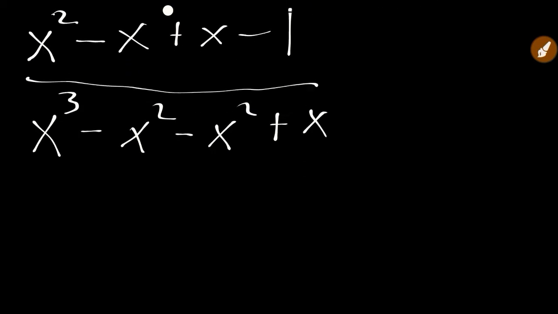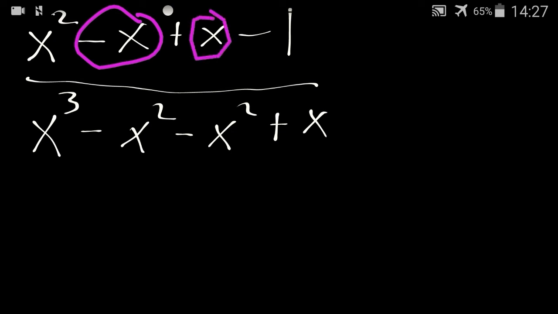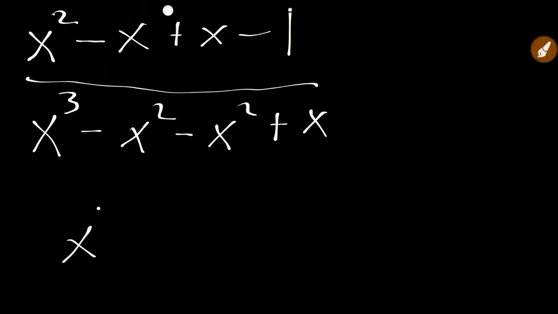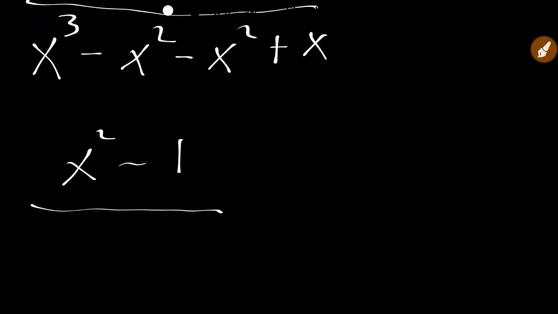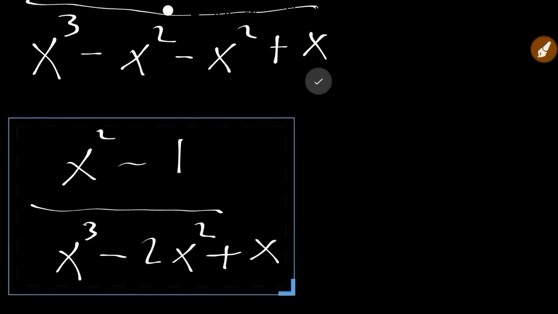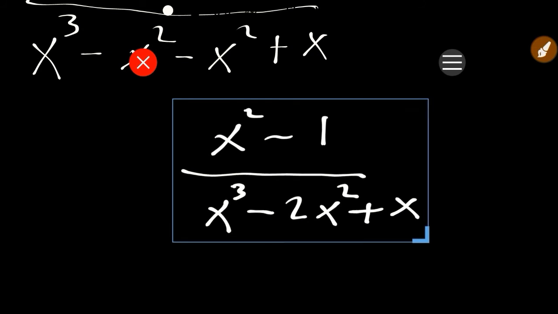So our next step is to continue. Eliminate minus x plus x, because that one is 0. So this one will be x² - 1 all over x³ - 2x² + x. So let's move this to the center.